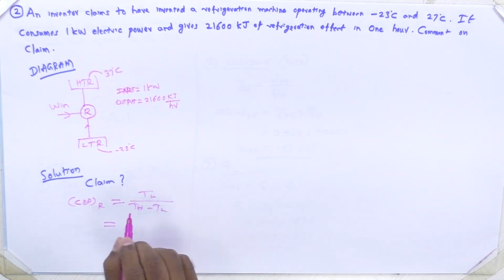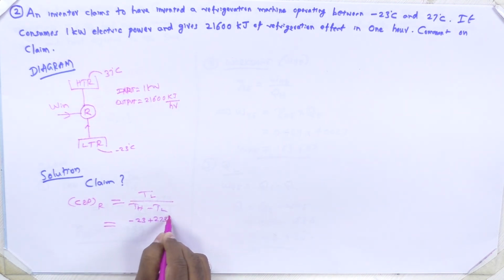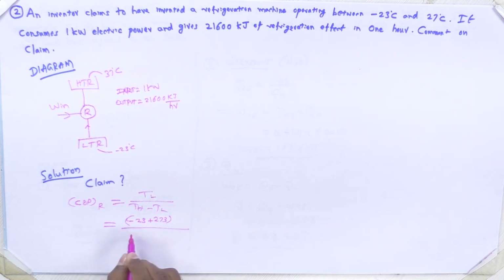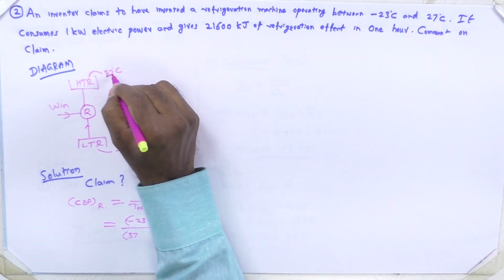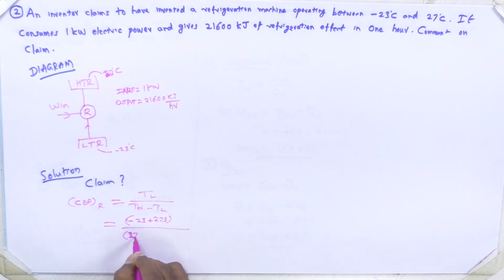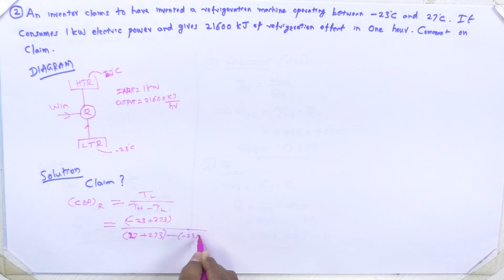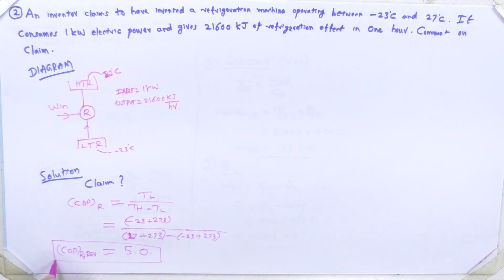Substituting the values in Kelvin, TL is minus 23 plus 273, divided by TH, which is 27 plus 273, minus minus 23 plus 273. So we get the COP of the refrigerator as 5.0. This is the COP according to the reversible conditions, according to the Clausius statement.